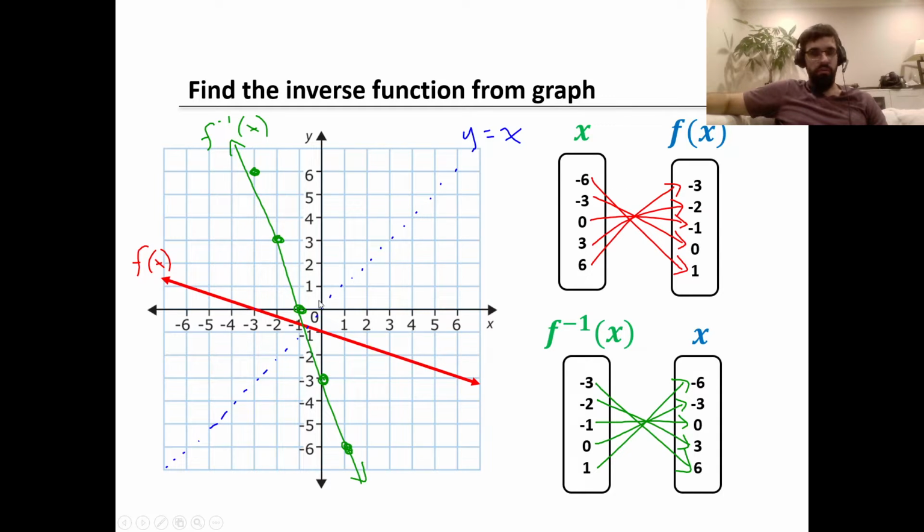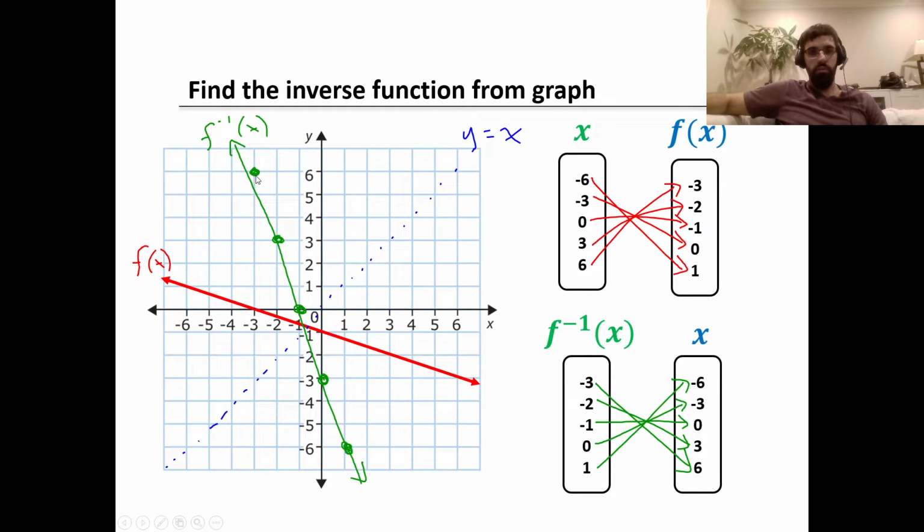-3 is an input for f, gives us a y value of 0, which means -3 is mapped to 0 with the function f. So f inverse is going to take 0 and send it back to -3. So (0, -3) is a point on our inverse graph. (0, -3) is right here. And we can continue this process.